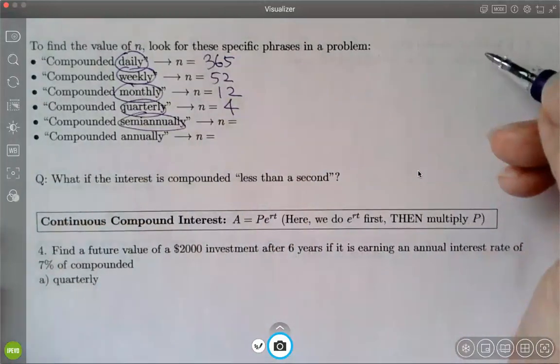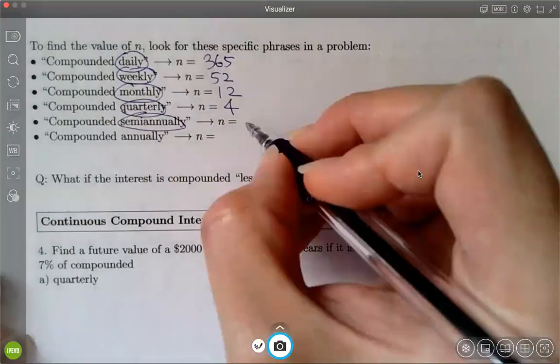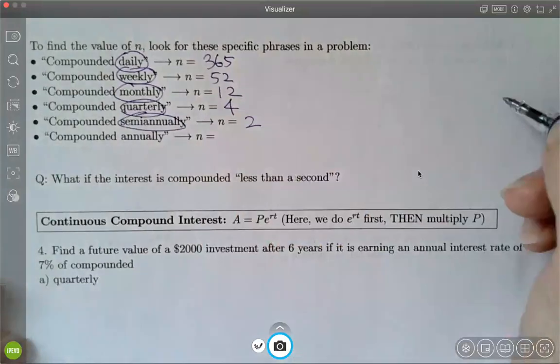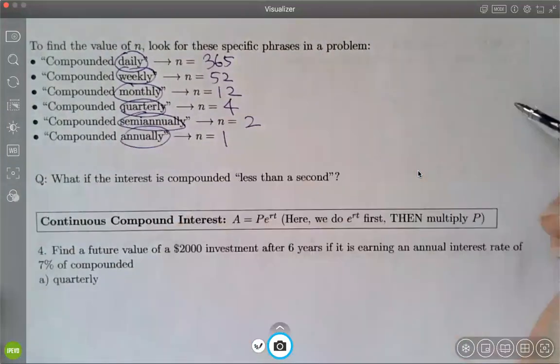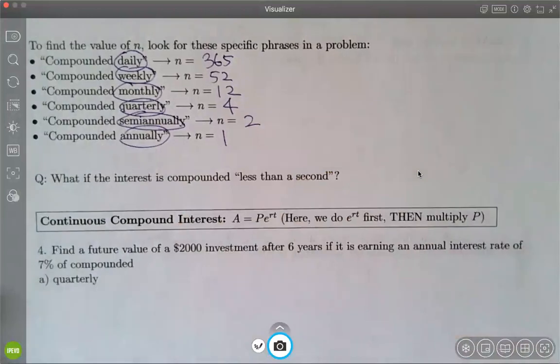Twice a year, 6 months, right? So n is equal to 2, because there are 2 periods of 6 months. And annually means n is equal to 1, because there is 1 year in a year. Obvious, but it is the case anyways.